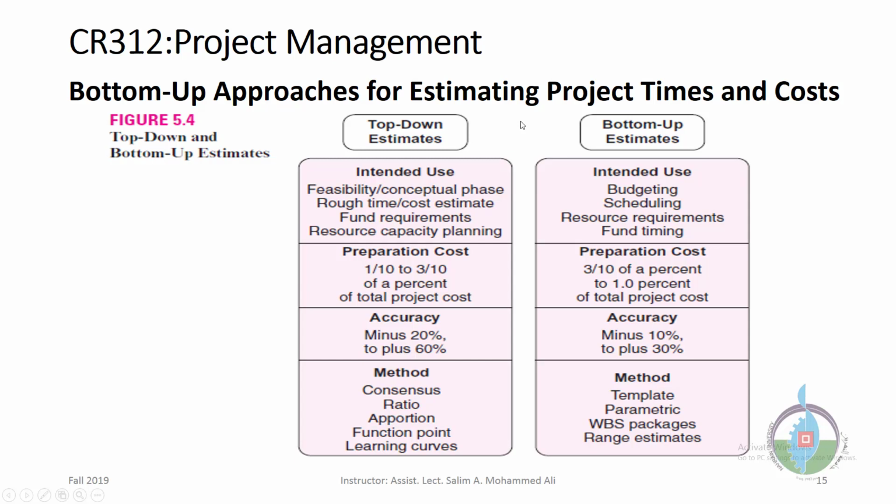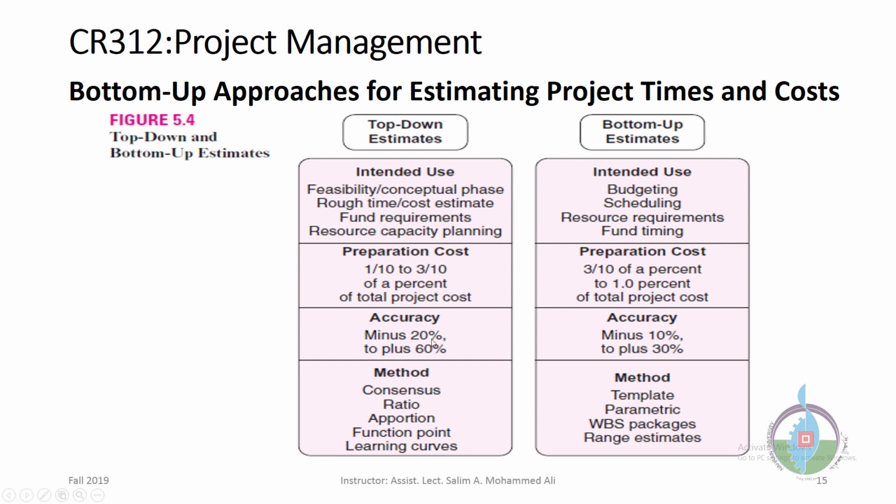Here is a comparison between the two methods, top-down estimates and bottom-up estimates. The main differences are in the intended use. Others are a little bit similar. Methods, we have discussed the 5 methods and the 3 methods here. WBS package methods have not been mentioned. If you are interested, read it in the textbook.